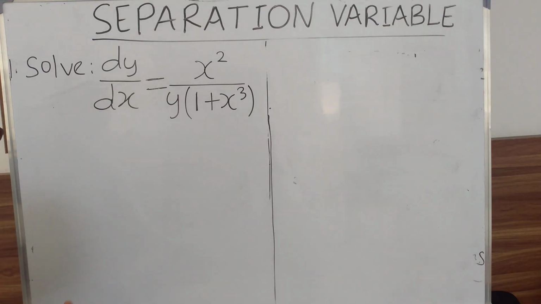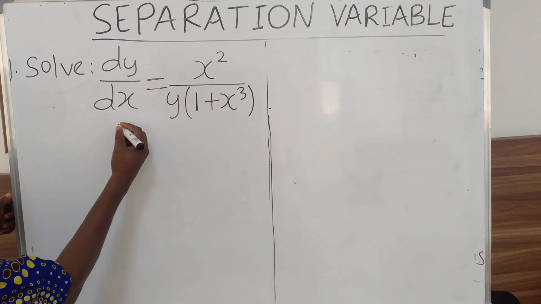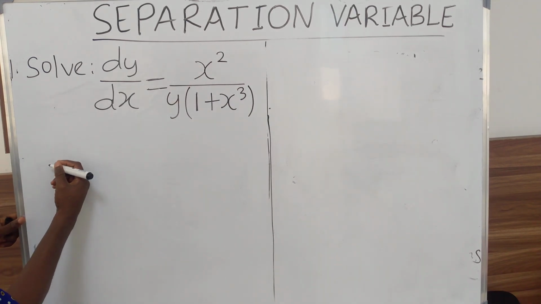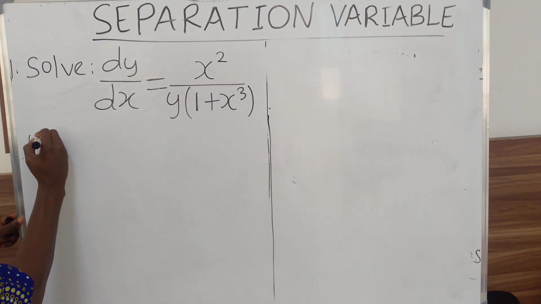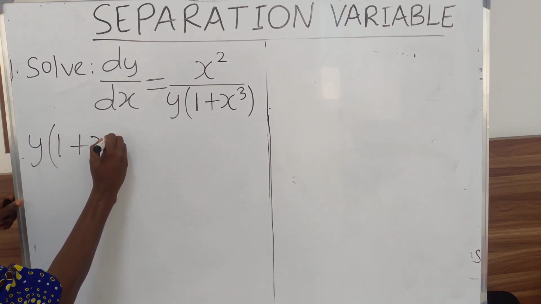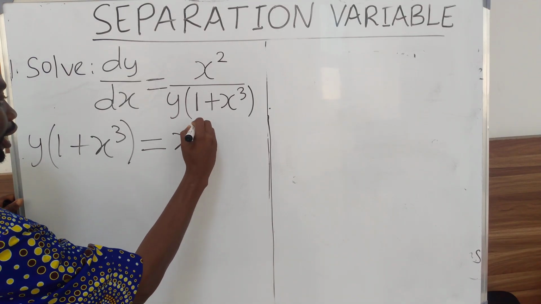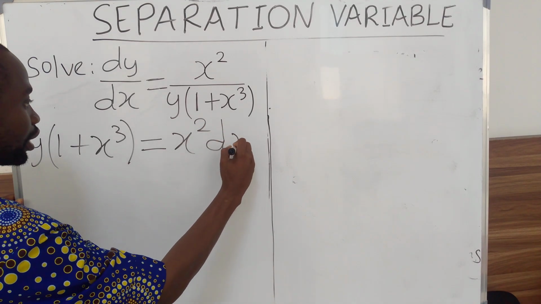Alright, so let's try this question. The first thing we're going to do is cross multiplication. So cross multiply, we have y into 1 plus x cubed is equal to x squared dx.